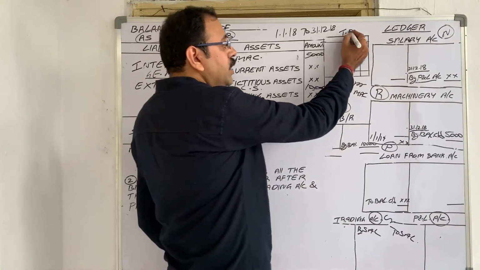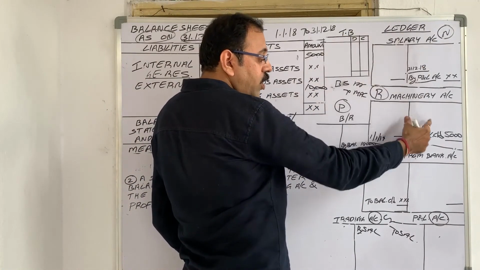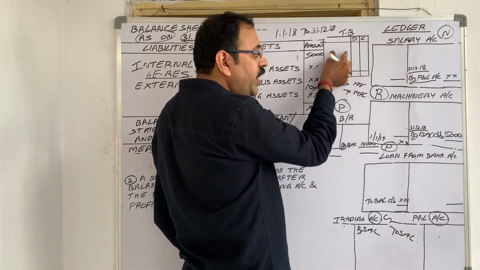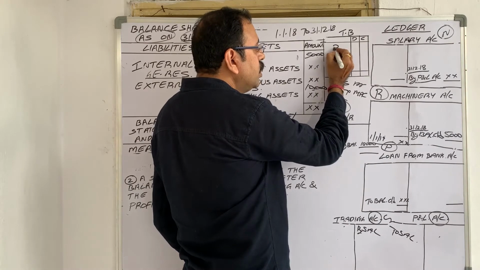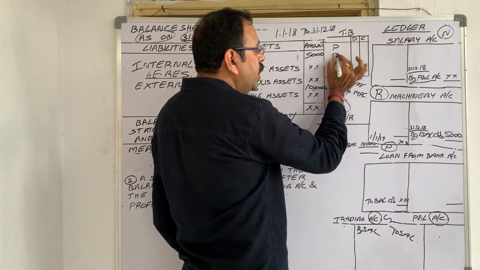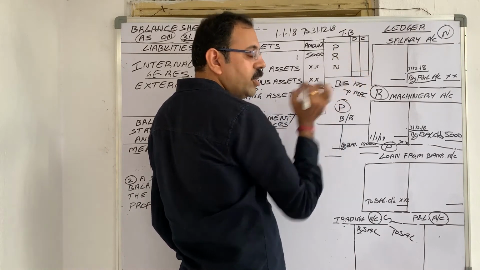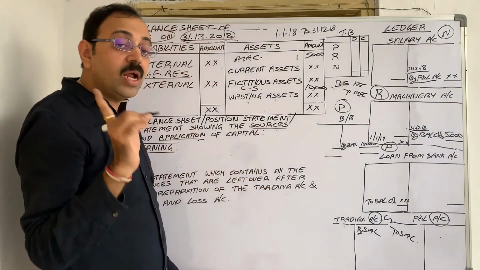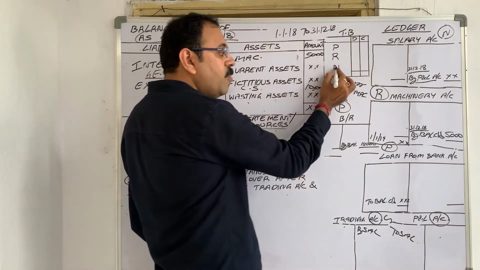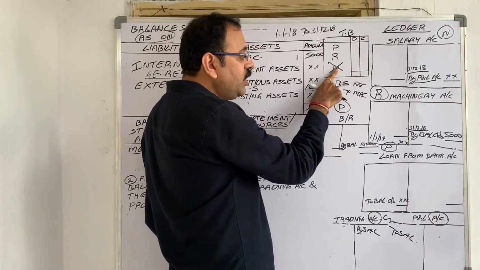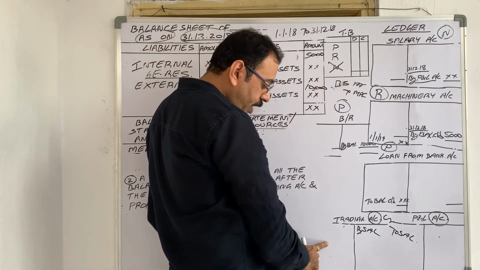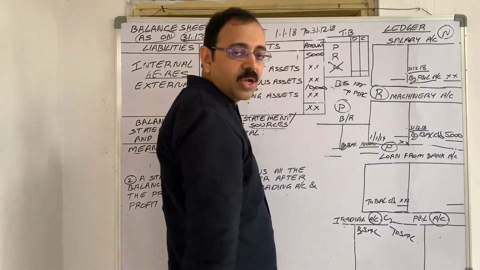In the trial balance, all these ledger account balance figures we take. Ledger accounts are of three types: personal accounts, real accounts, nominal accounts. Which accounts are temporary accounts? Nominal accounts. We close them by transferring their balance to trading account and profit and loss account.